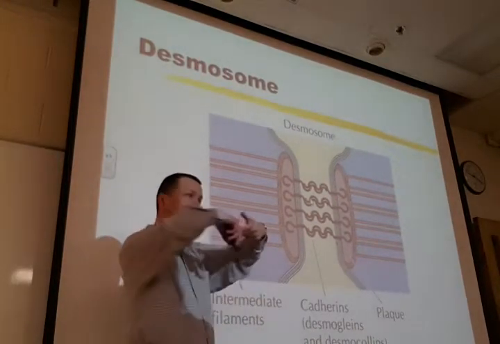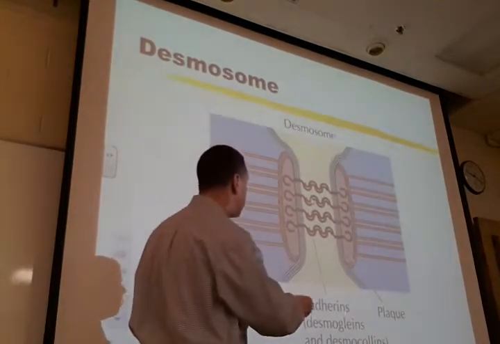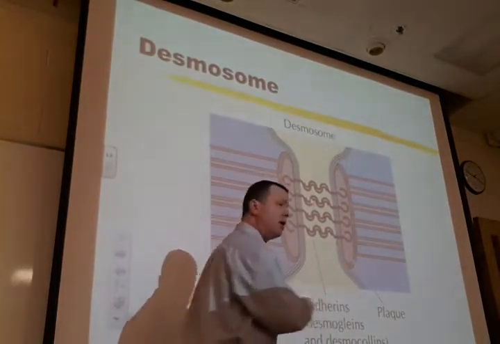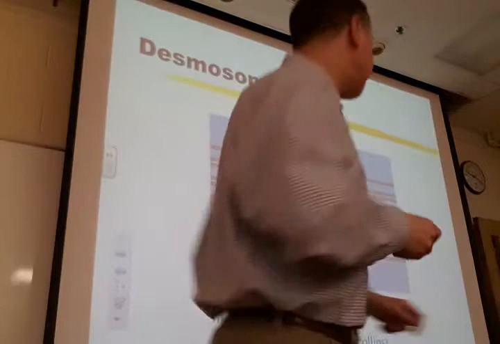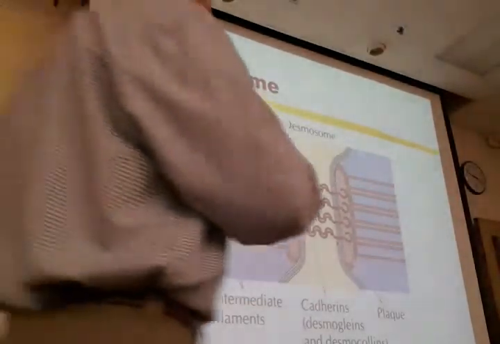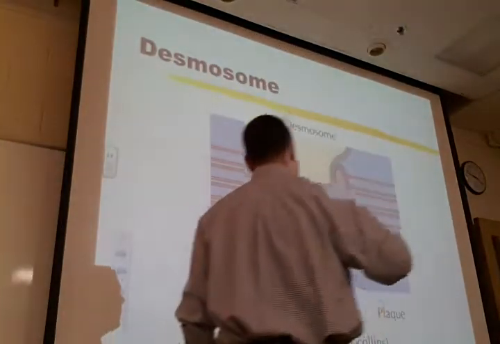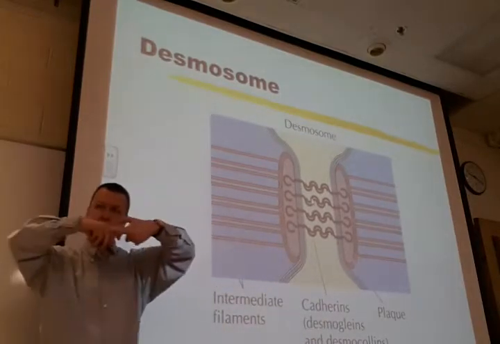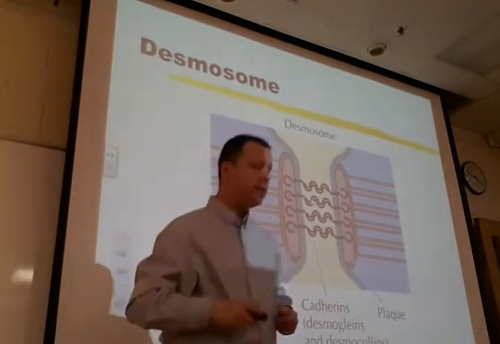And then the hooks in between are proteins called cadherins. So it's a three-piece complex for a desmosome: intermediate filaments, plaque proteins, and these cadherins that actually do the linking or the joining together.